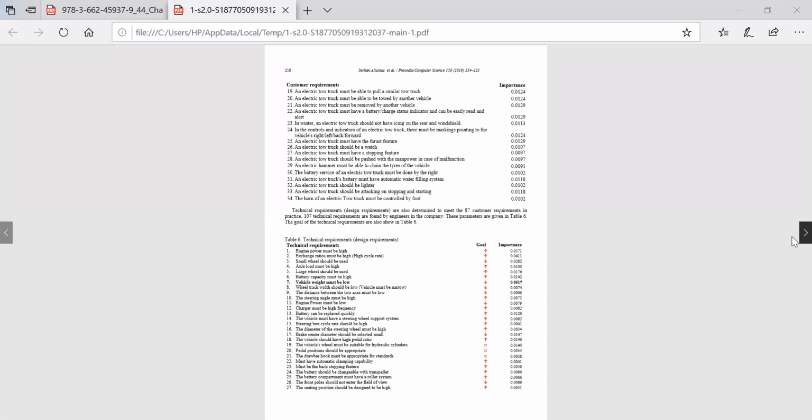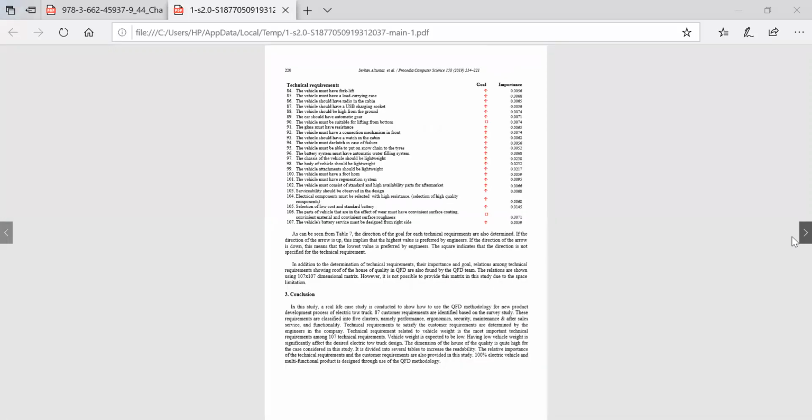Those are met by defining 107 technical requirements. If both are mapped properly, this could be classified into 5 sectors: you know, performance, ergonomics, security, maintenance, and after sales. These are mapped with the 107 technical requirements.